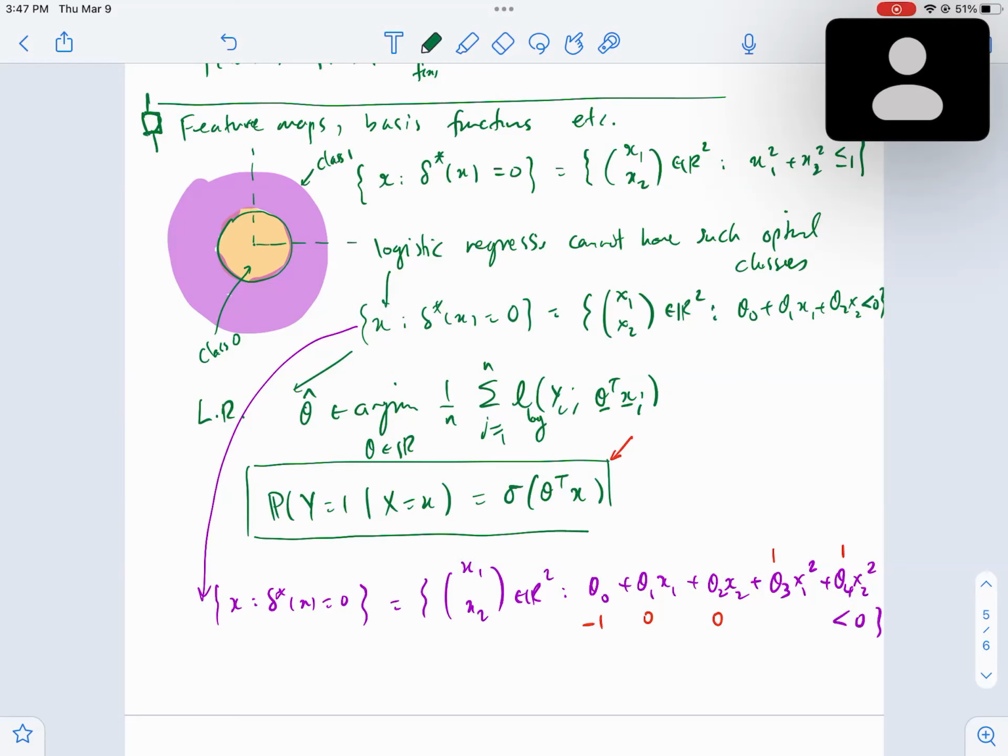How do we get that in logistic regression? Right, the feature, instead of x1, it's x1 over 2. Instead of x1, we need to change the features. How do we get from this to that, if you remember?